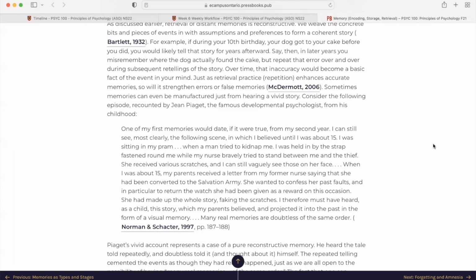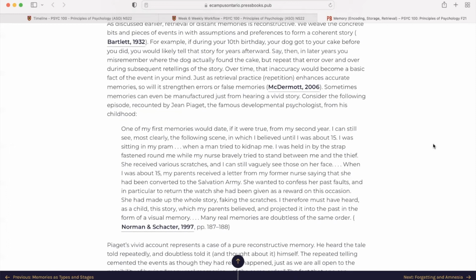When I was about 15, my parents received a letter from my former nurse saying that she had been converted to the Salvation Army. She wanted to confess her past faults, and in particular to return the watch she had been given as a reward on this occasion. She had made up the whole story, faking the scratches. I therefore must have heard as a child this story, which my parents believed, and projected it into the past in the form of a visual memory. Many real memories are doubtless of the same order.